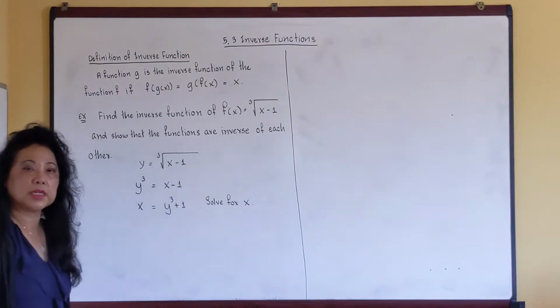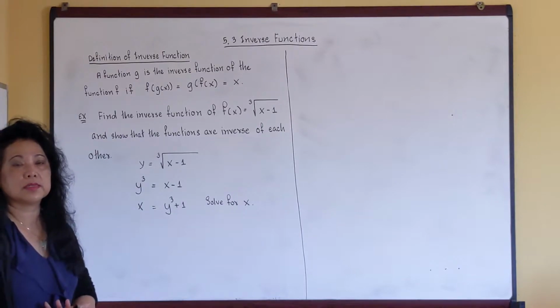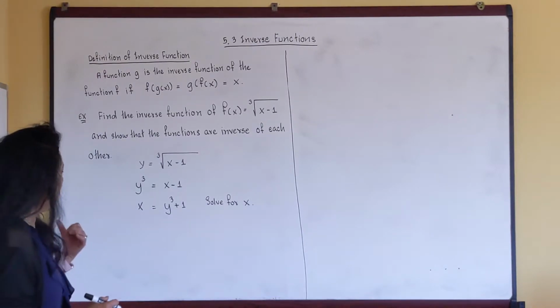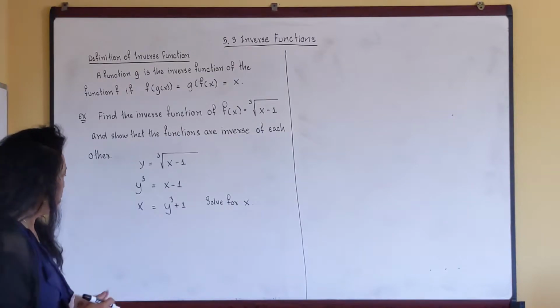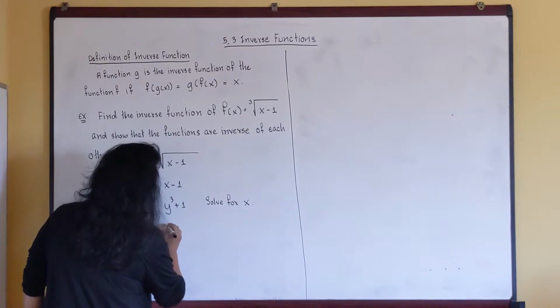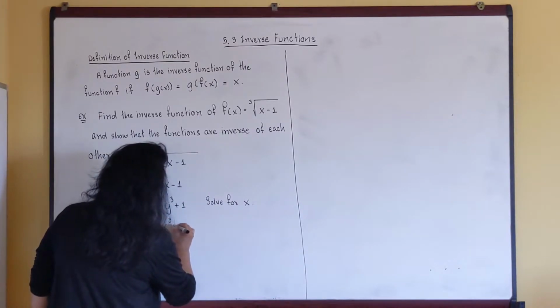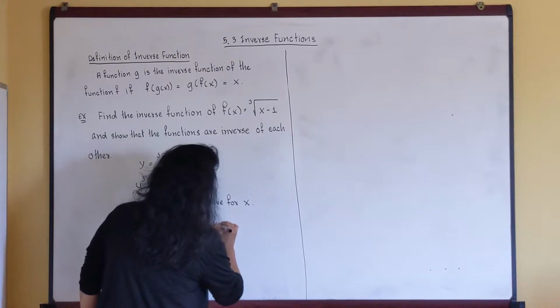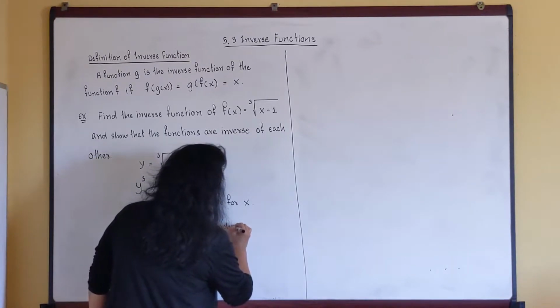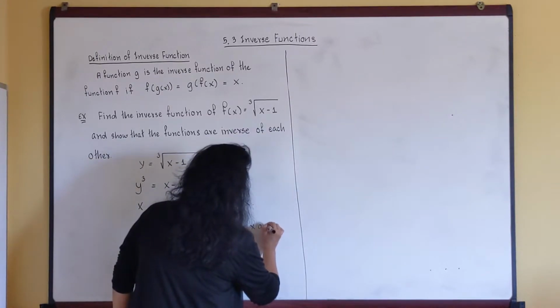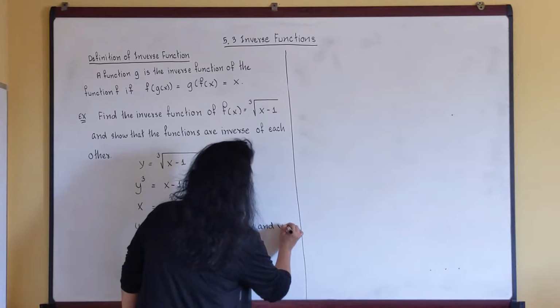Next step, I'm going to interchange x and y because for the inverse function, x becomes y, y becomes x. So I'm going to write x as a y and y as an x. So I'm going to have y equal to x cubed plus 1. So this step I interchange x and y.